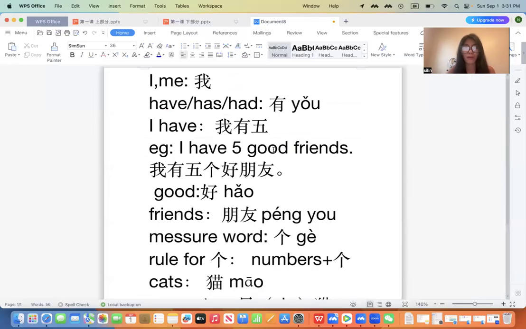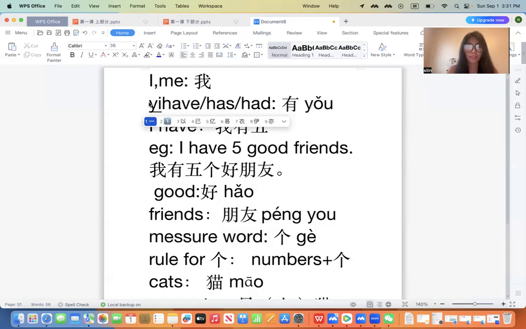So let's review everything we learned so far. We learned how to say have and has. It's 有, right? First one we learned is 有.